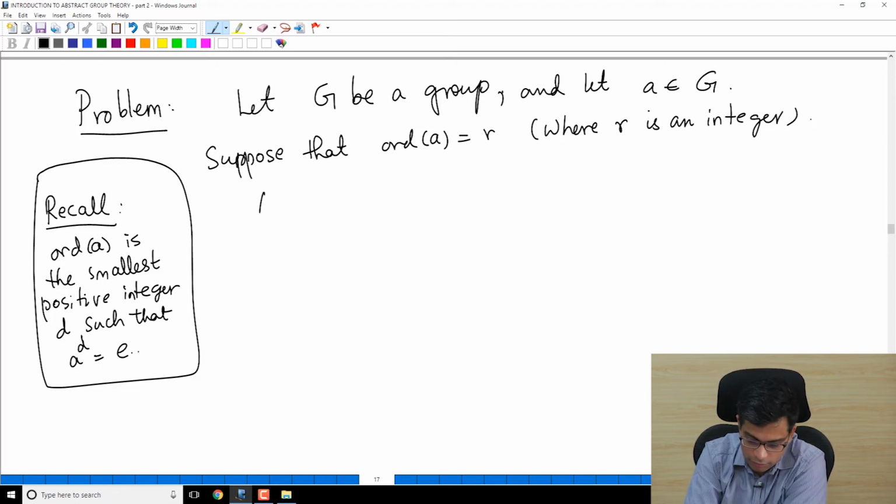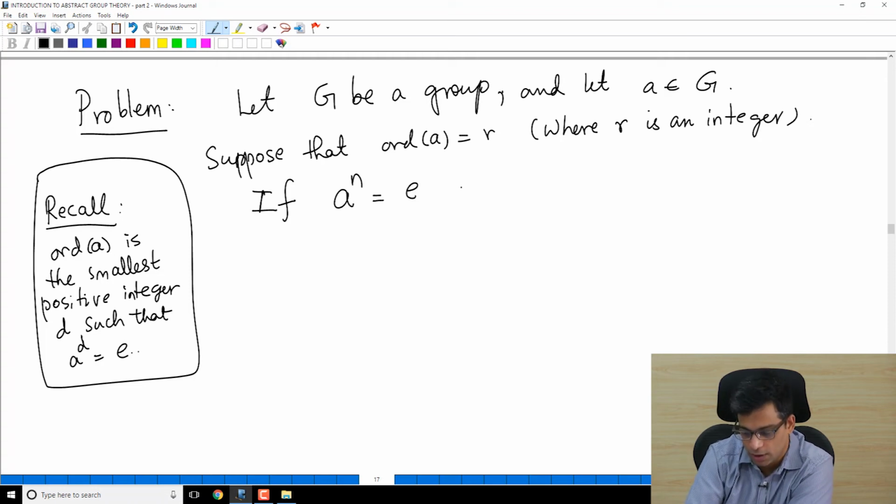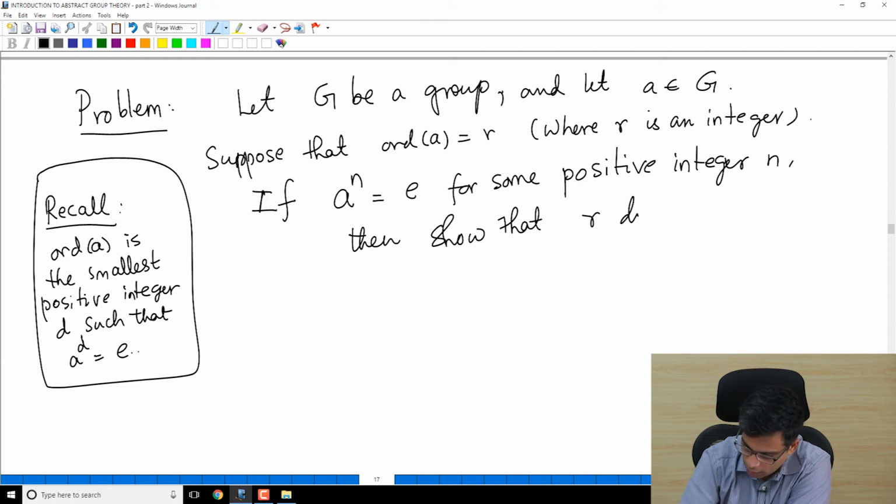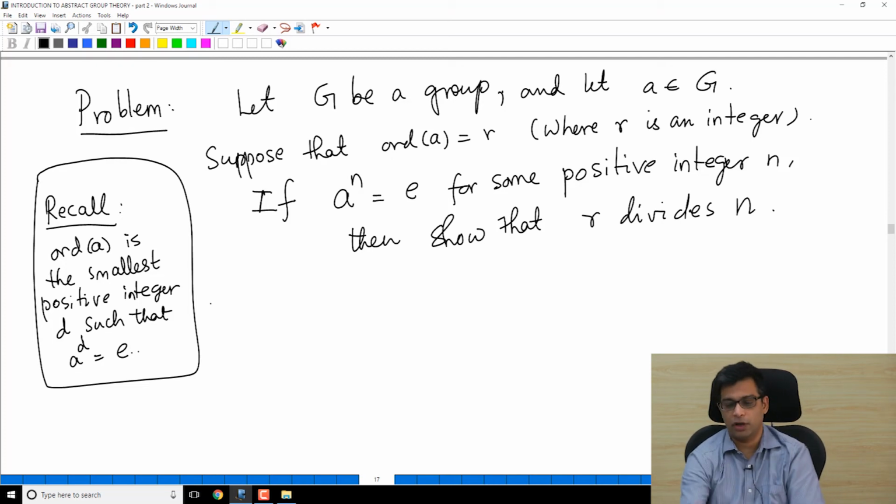And now suppose that A^n is also identity for some other positive integer n, then show that R divides n. So this is the problem. Okay, so the problem is saying that if order is given to be a number R and a power n is identity for some other number n, all positive numbers, then R must divide n.